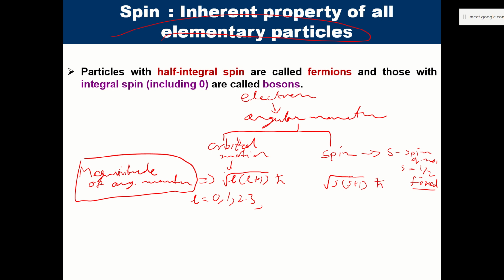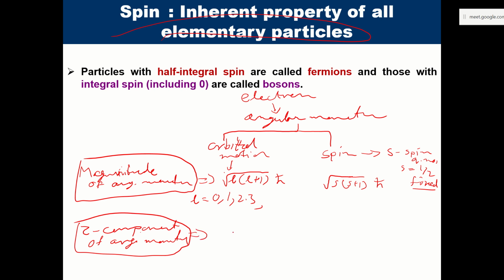Do you understand this, spin? And then the z component of the same angular momentum is given by ml h cross. So ml h cross is the z component of this angular momentum, which can vary: ml can vary from plus l through 0 to minus l.